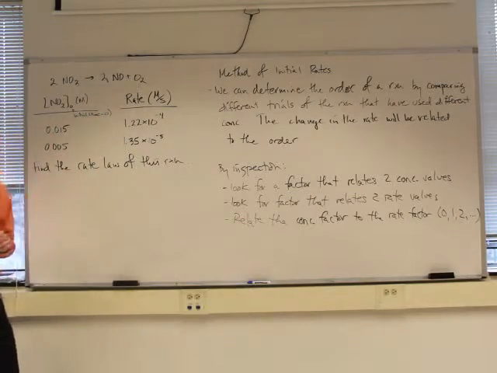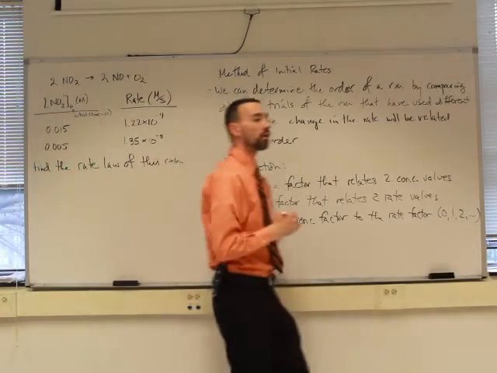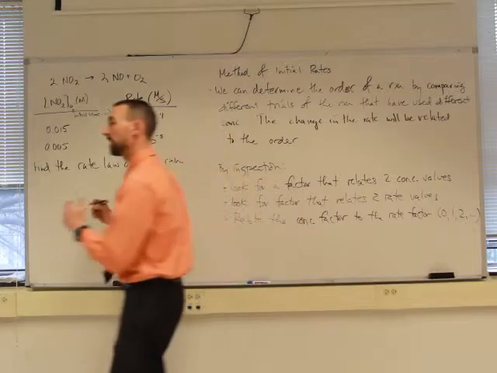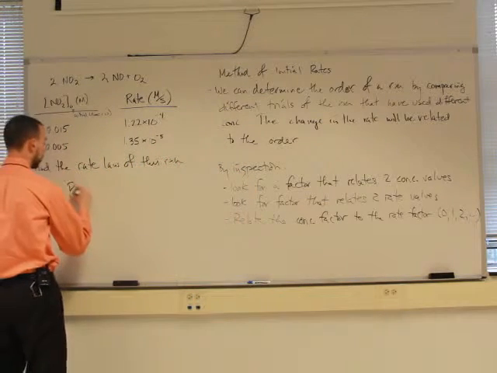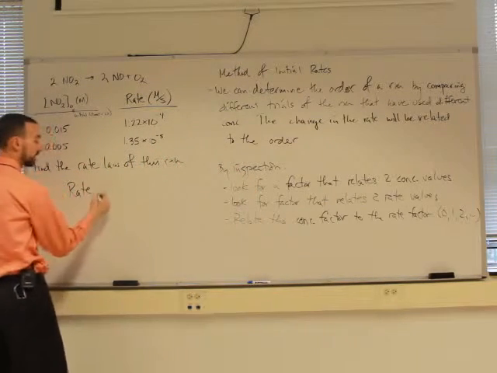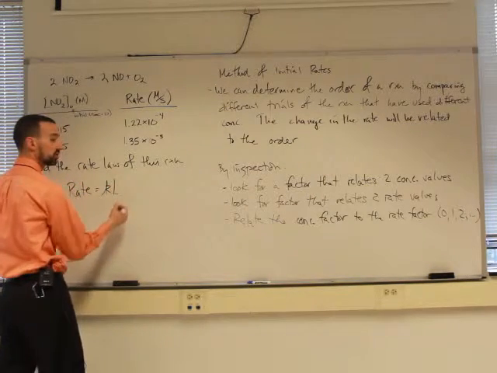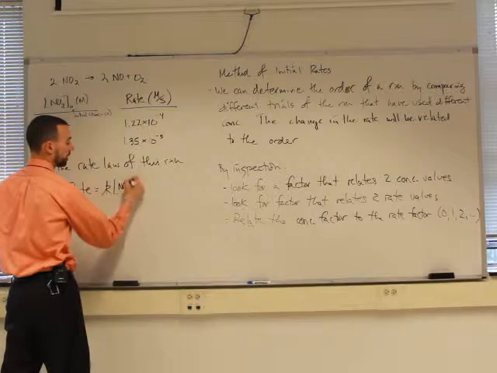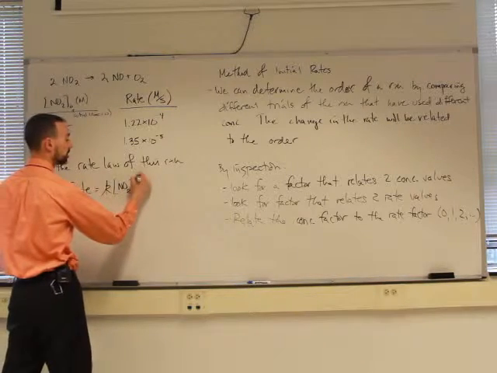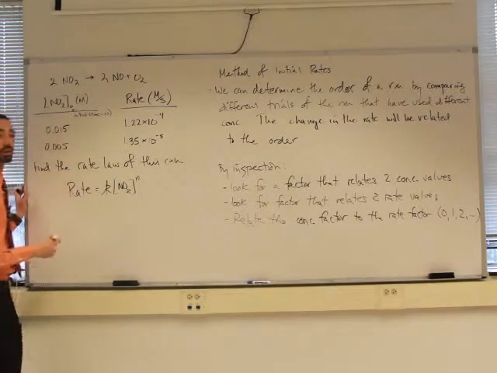That's our goal. So the rate law of this reaction would fit the generic pattern. All rate laws fit a pattern that rate equals a rate constant times the concentration of your chemical, in this case specifically NO2, raised to an order.